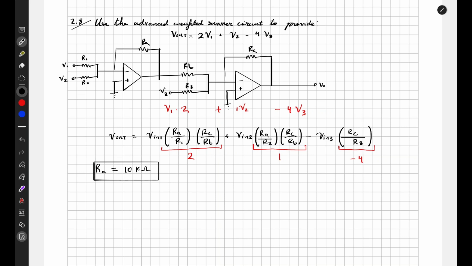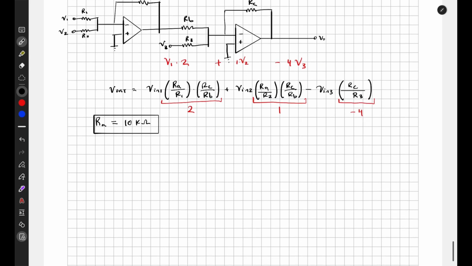Okay, so we know from this additive summation circuit formula that RA over R1 times RC over RB has to equal 2.